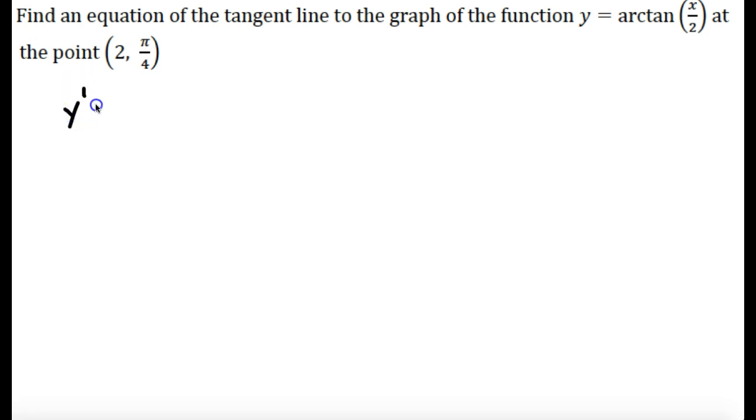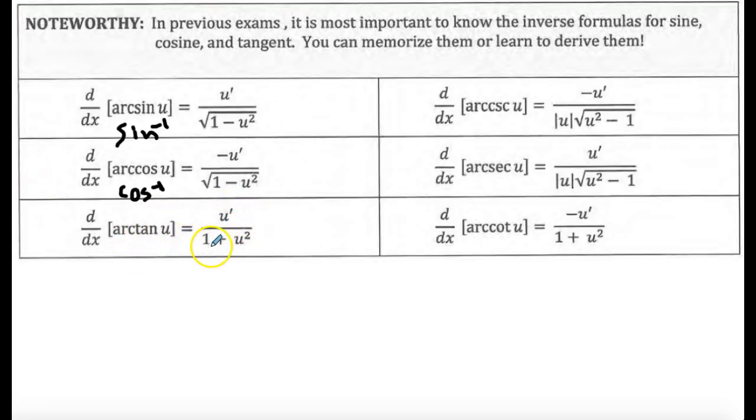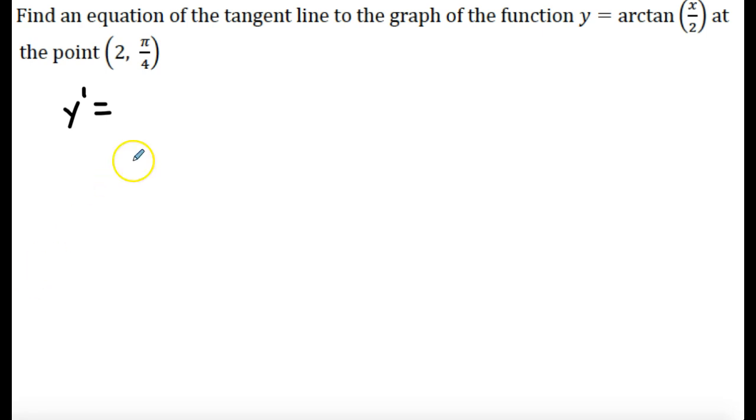Right? So y prime. So here we're dealing with inverse tangent or arctangent. So our derivative for arctangent is u prime over 1 plus u squared. So the derivative of the inside. Now this x over 2 is just the same as 1/2 x, right? So the derivative of 1/2 x would just be 1/2 over 1 plus x over 2 squared.